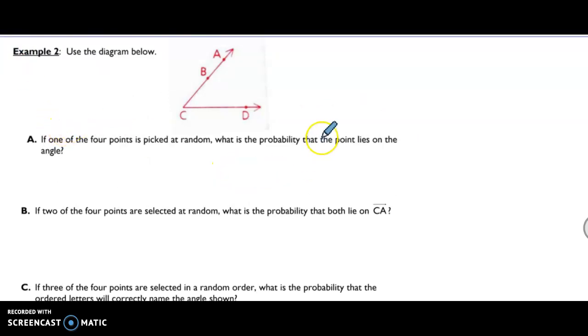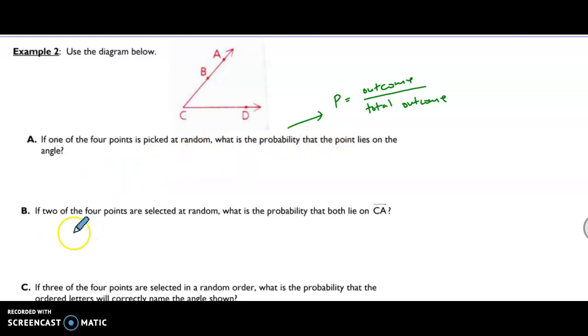All right, so I wanted to go over a couple things here, because we briefly touched upon this in algebra, okay? When we talk about probability, remember probability means the number of outcomes you want over the total outcomes there are, okay? So for part A, it says if one of the 4 points is picked at random, what's the probability that the point lies on the angle, okay?